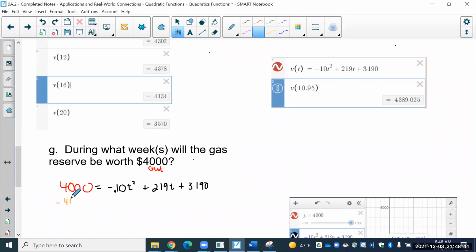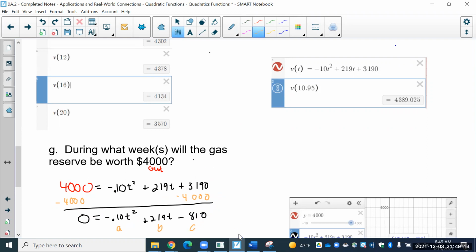So you have to subtract 4,000 before you start typing stuff in. And that will give us 0. Not that the problem's asking me when will she be bankrupt, but it asked me when it was 4,000. But the quadratic formula requires you to set the problem equal to 0, so you have to take a second and do that. That'll give me negative 810. So my a, b, and c are here. Keep in mind that this equation and this equation are the same.